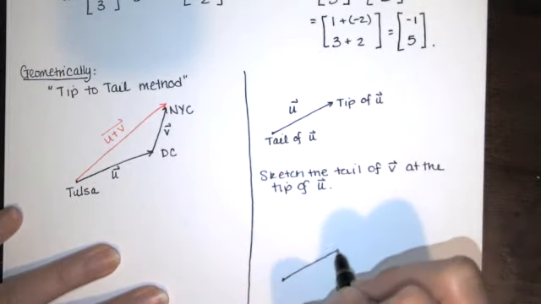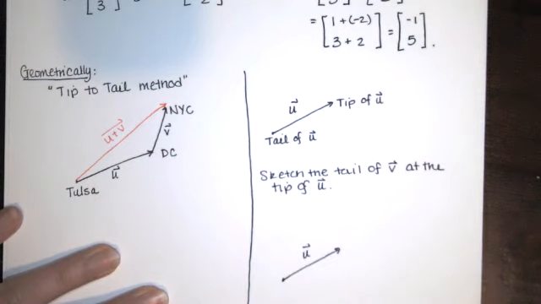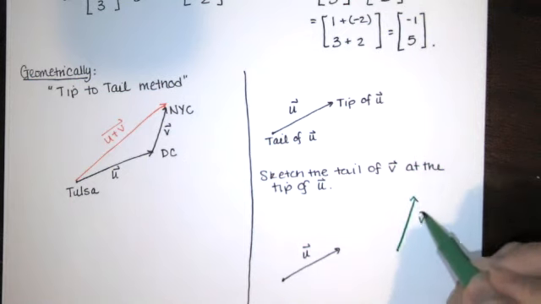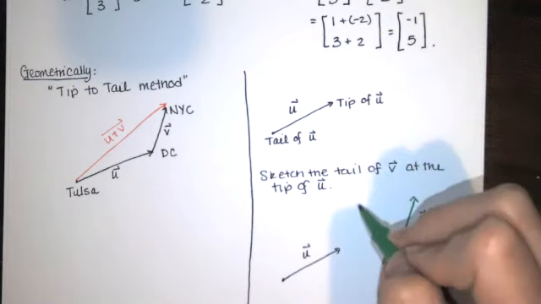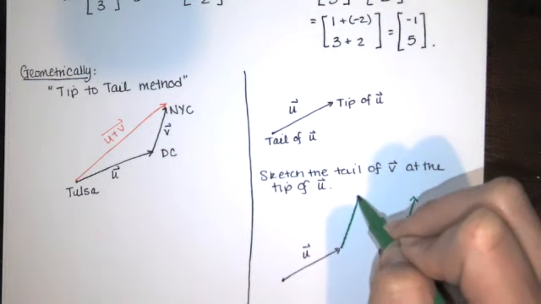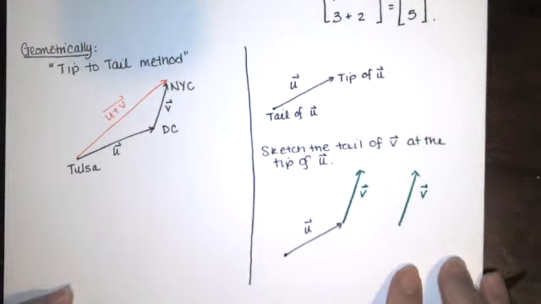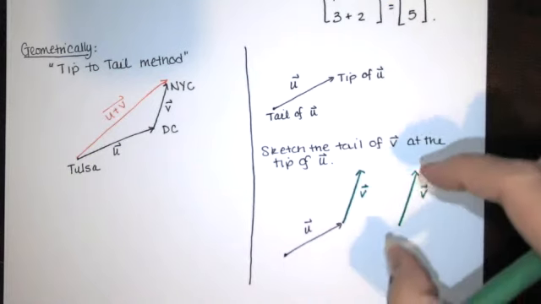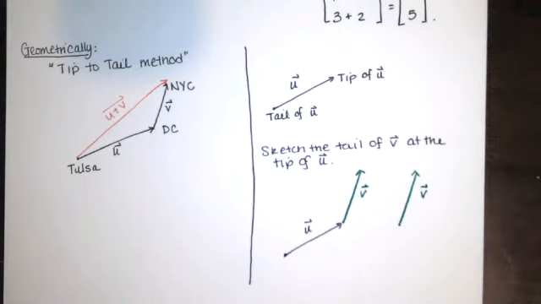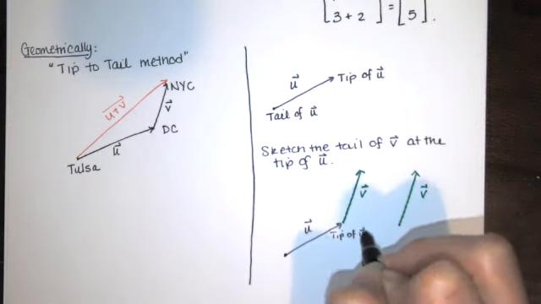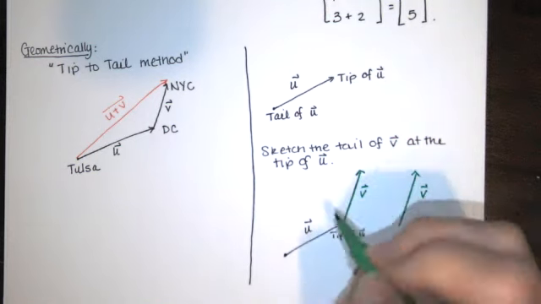So if this is u, and my vector v looks something like this, what I do is I take my vector v and I pick it up and I put it over here. I try to draw it with exactly the same magnitude and direction. Close. So this is the tip of u meeting the tail of v.